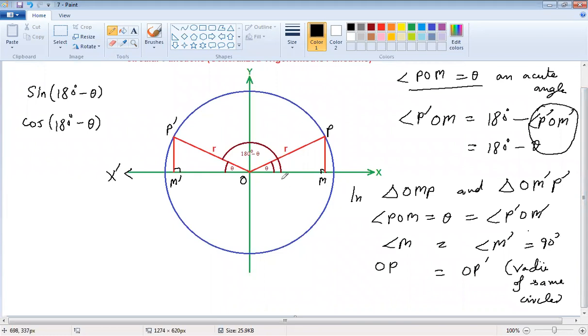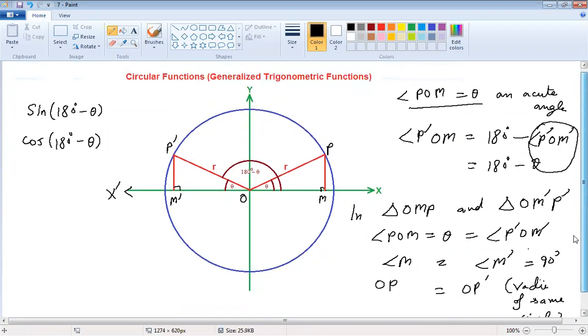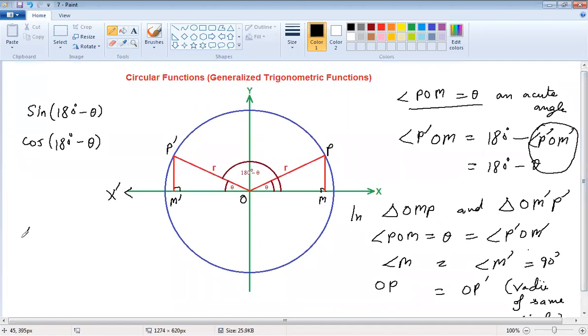So these two triangles are congruent. Therefore, triangle OMP is congruent to triangle OM dash P dash.